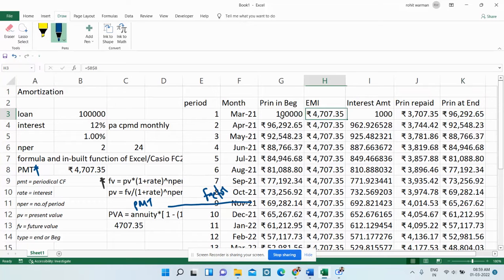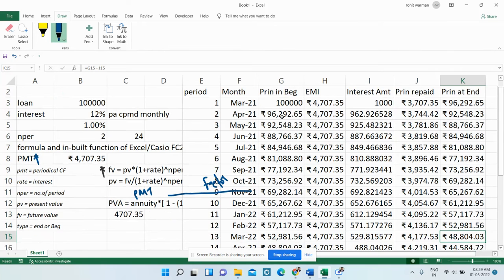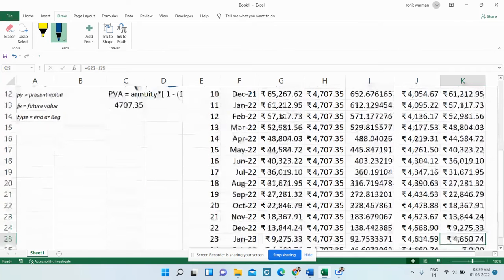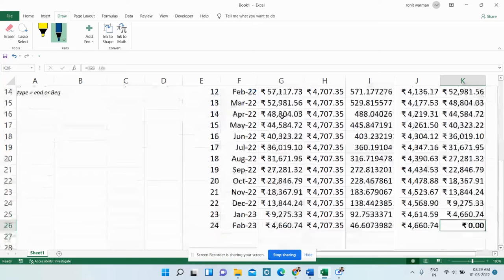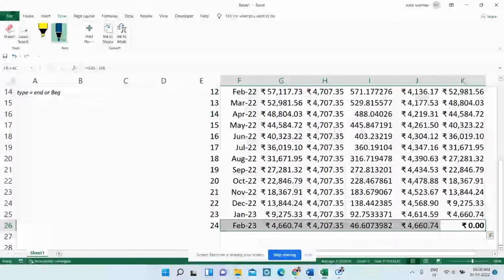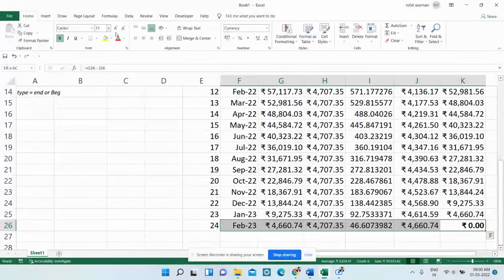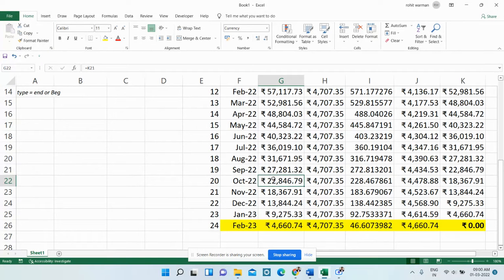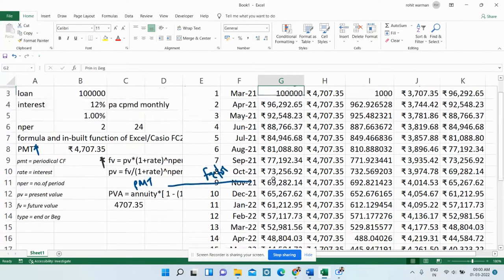The loan amount in the beginning is 1 lakh, and if you see the closing balance, the end balance, it is 96, 92, 88, and at the end of the 24th month, it will be zero. So you can see the last line, it is zero. It means the loan is finished, the loan is closed.